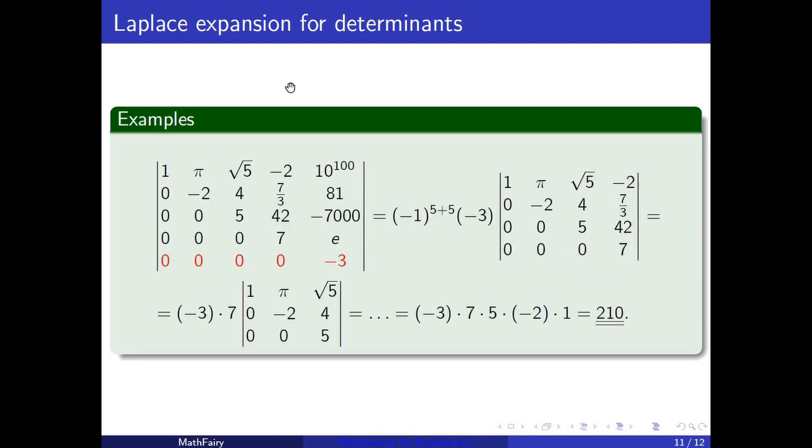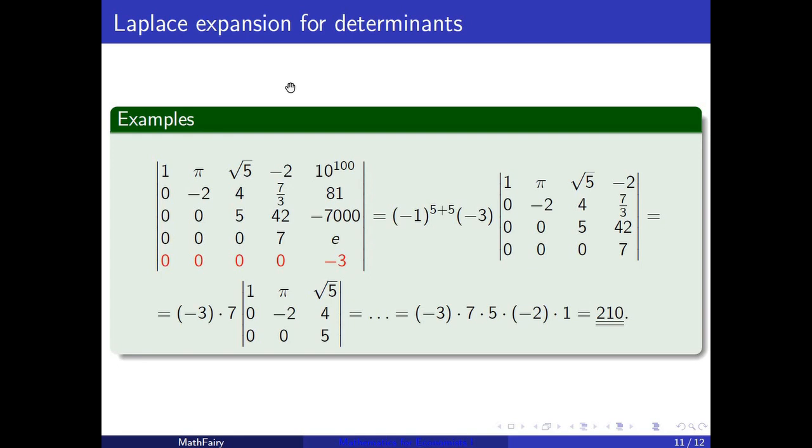Finally, a very special case of a 5 by 5 determinant. Let's observe that under this diagonal, every element is 0, so it makes sense to pick the first column or the last row to expand the determinant. And all but one of these determinants will be multiplied by 0, so I can just take -3 times the appropriate minor determinant.